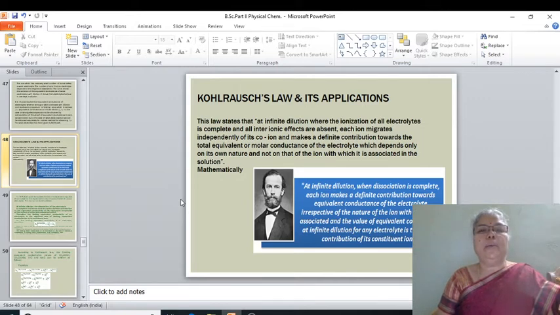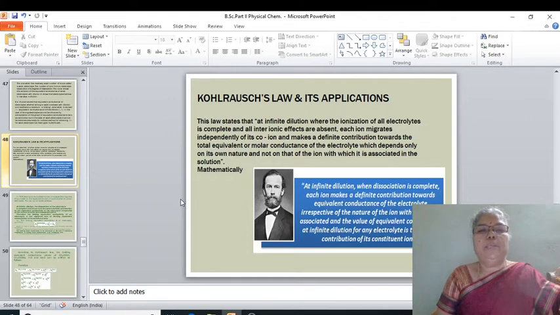Then in this chapter we have studied resistance, conductance, specific resistance, equivalent conductance, molar conductance, then variation of conductance with concentration or with dilution. Dilution is nothing but a decrease in concentration, and how the conductance varies with dilution we studied in the last lecture.